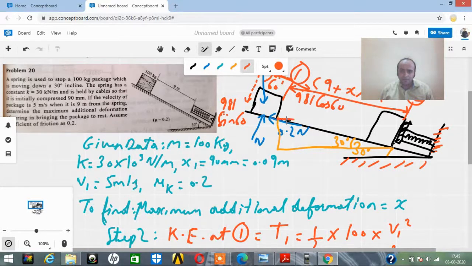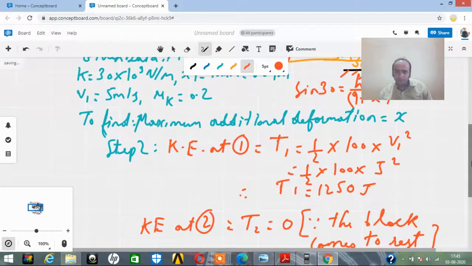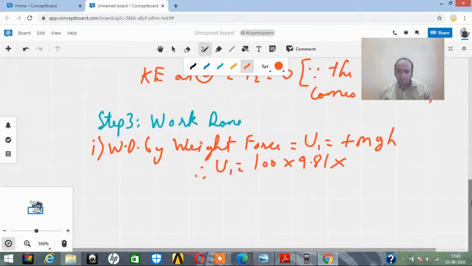If you see, friends, this entire opposite side is h. So in this triangle, sine of 30 is opposite, that is h, divided by hypotenuse, that is 9 plus x. So h will be 9 plus x into sine 30.